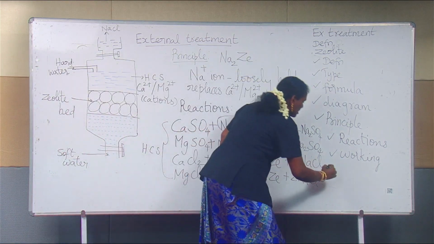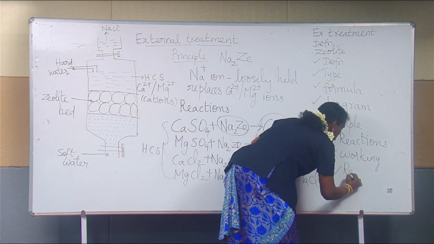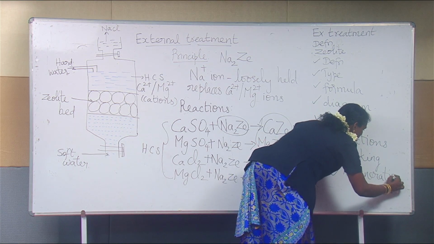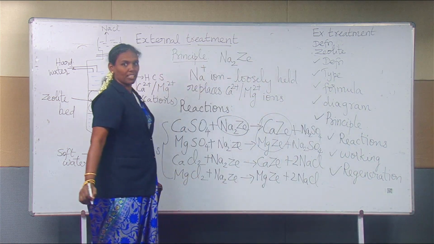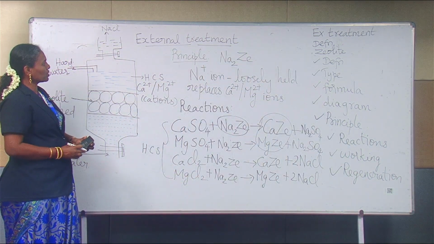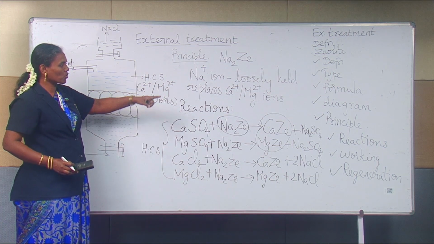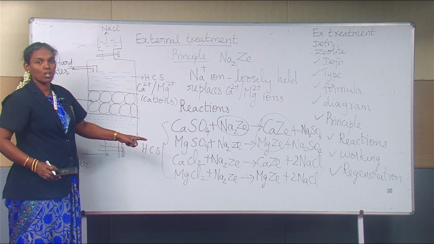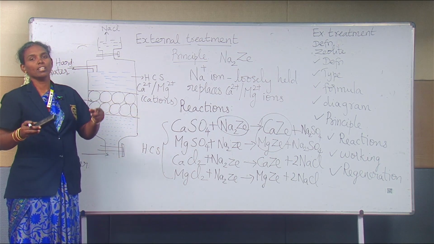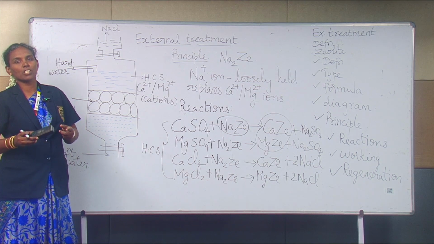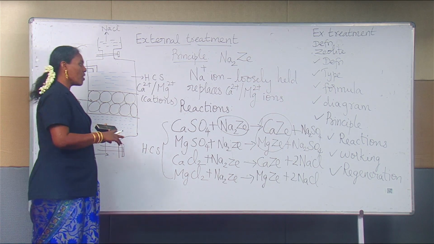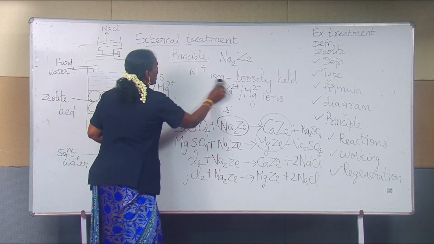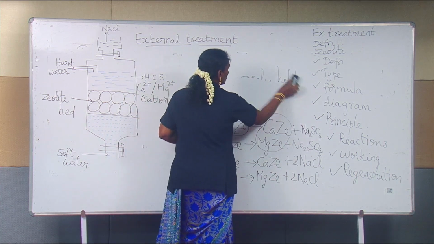Once all the zeolite is exhausted, remember the word: principle is over, reaction is over, working is over, and then the regeneration step comes on prolonged use. Prolonged use means if you use it continuously over a long period of time, then what will happen? Regeneration step we are going to discuss.